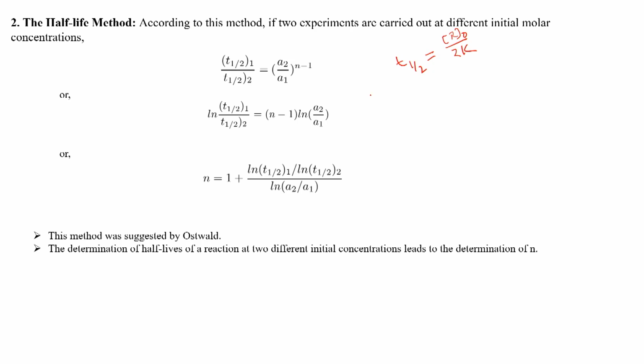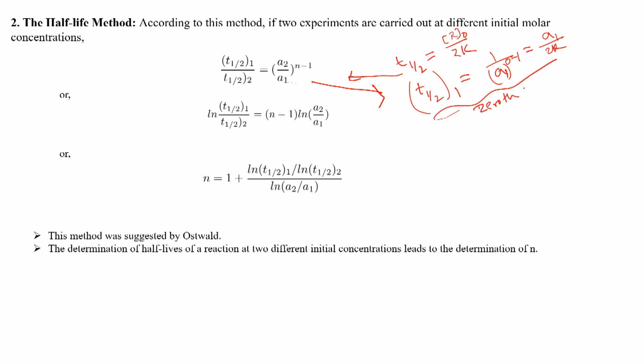And if we see this expression here, T half for 1 is 1 by A1 to the 0 minus 1, so you get A1, and then you have the constant term 2K. So, actually this expression comes from here. Similarly, this is for a 0th order reaction.